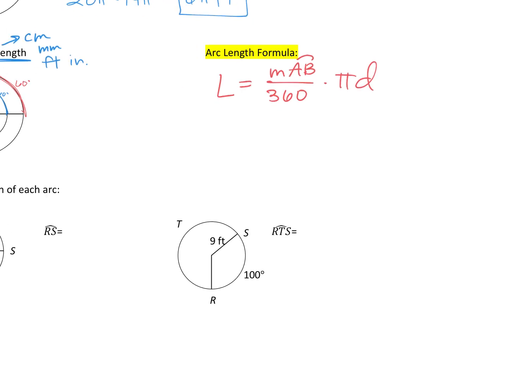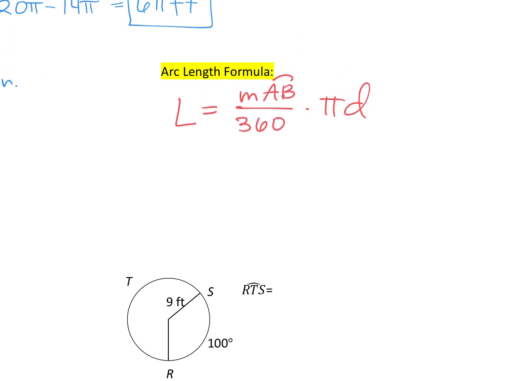The length of an arc is a fraction of the circle, the measure of the arc over 360. So how many degrees over 360 times the whole circumference, right? Pi d is circumference. So the measure of the arc over 360 times the circumference.